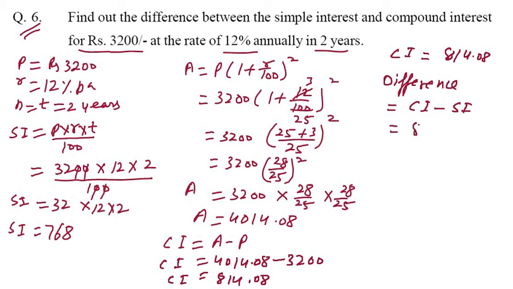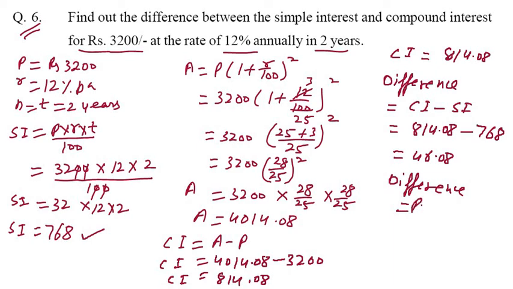So compound interest is 814.08 and simple interest, as you know, is 768. So your difference will be equal to 46.08. So you can write here, difference will be equal to rupees 46.08, and that will be your answer.